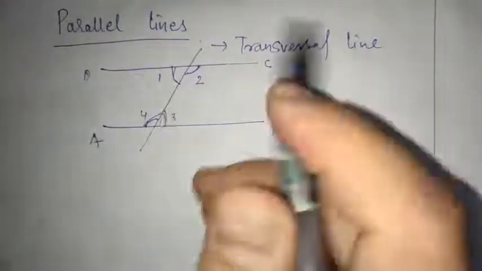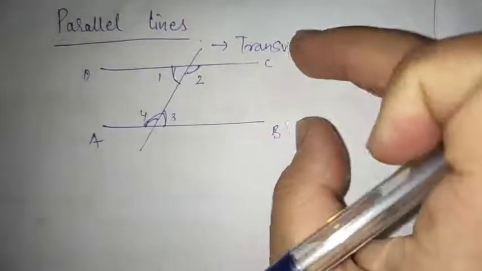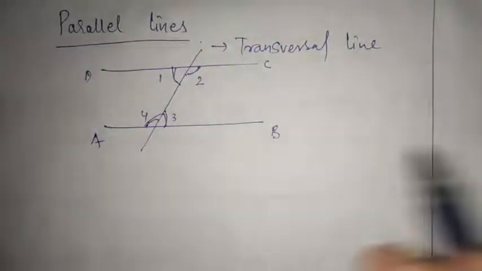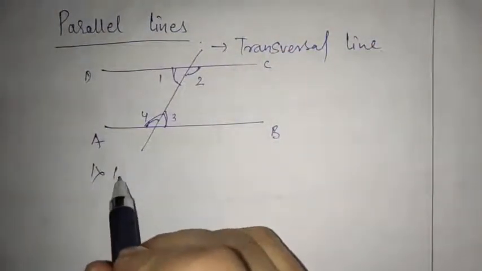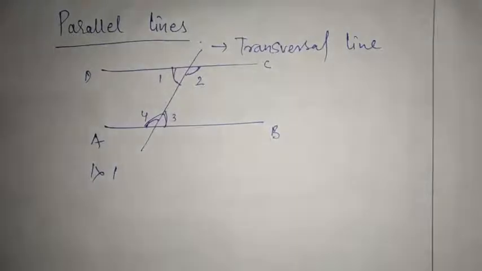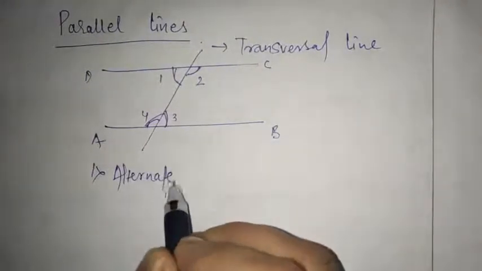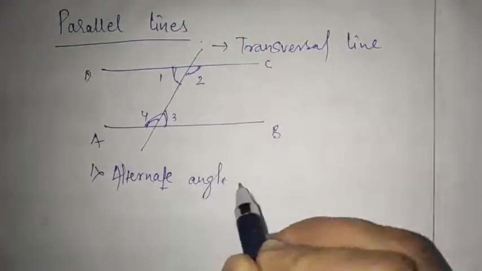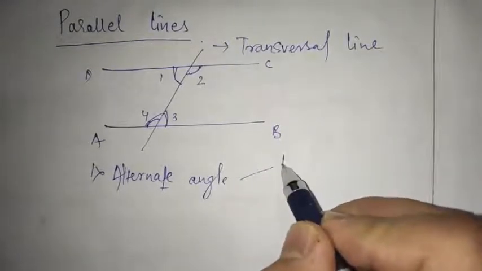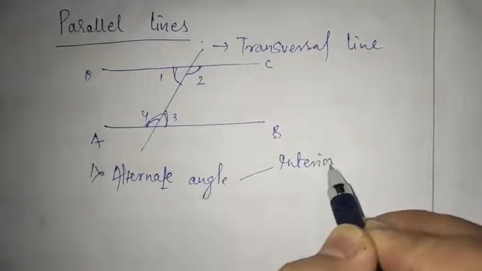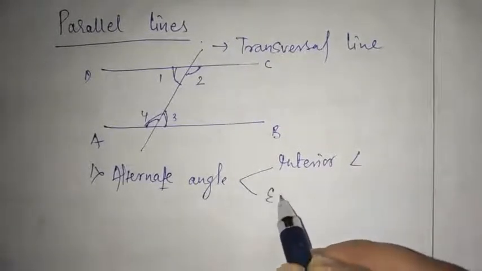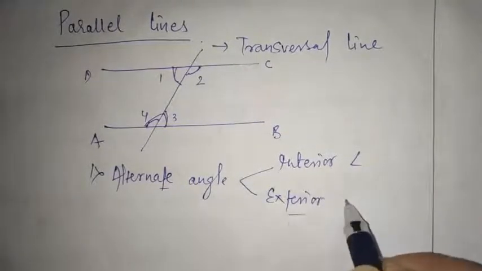These two parallel lines will be considered parallel only if they have a few properties, like number one, alternate angle. There were two alternate angles: alternate interior angle and another one, alternate exterior angle.